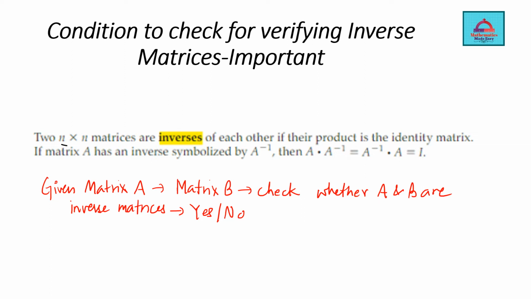So if you have two n cross n matrices, so we are talking about square matrices only, we are finding inverse for such matrices. If the product is an identity matrix, means what?